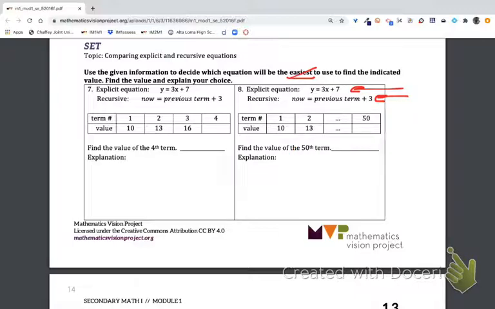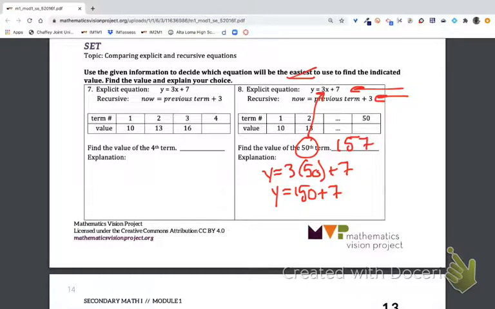Or I can say that I want to find the 50th term and I know that I have a formula that I can plug it into. So y equals 3 times 50 plus 7. 3 times 50 is 150, plus 7 gives me 157.